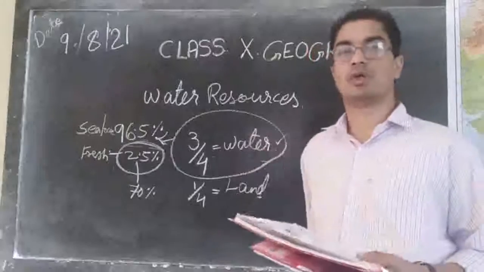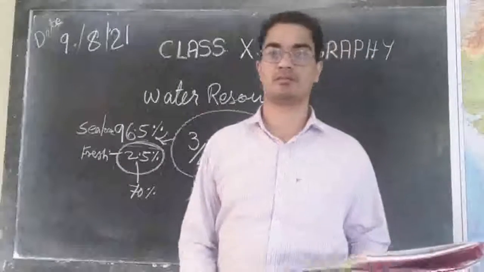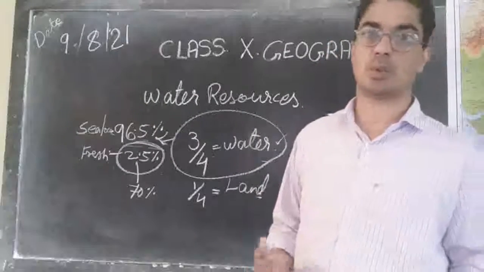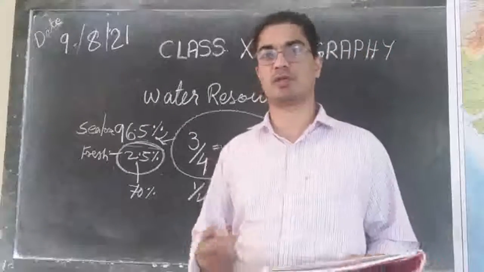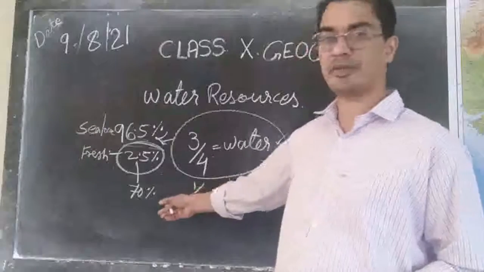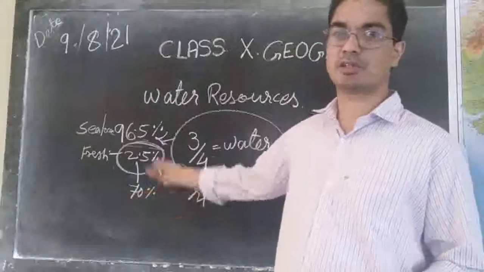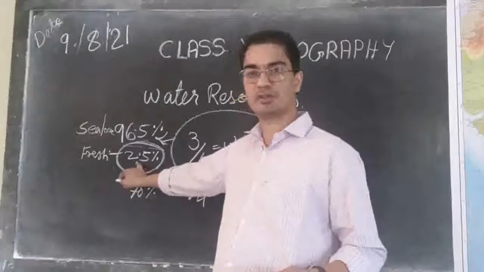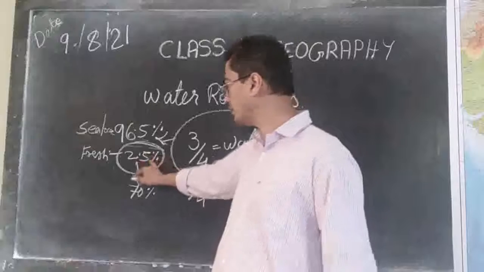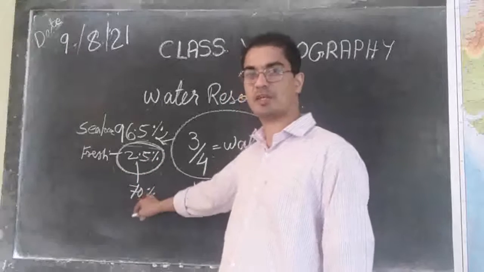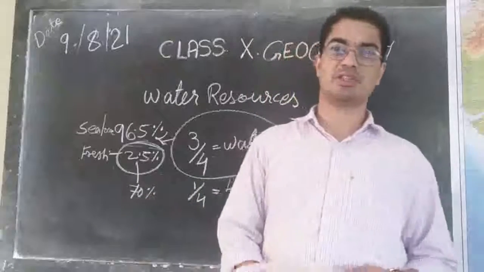We need to be aware again of how precious water is, how much water is available to us for the entire population in the world. Total fresh water is only just 2.5, and if you divide that into 100, 70% is in the form of ice and 30% in the form of fresh water.